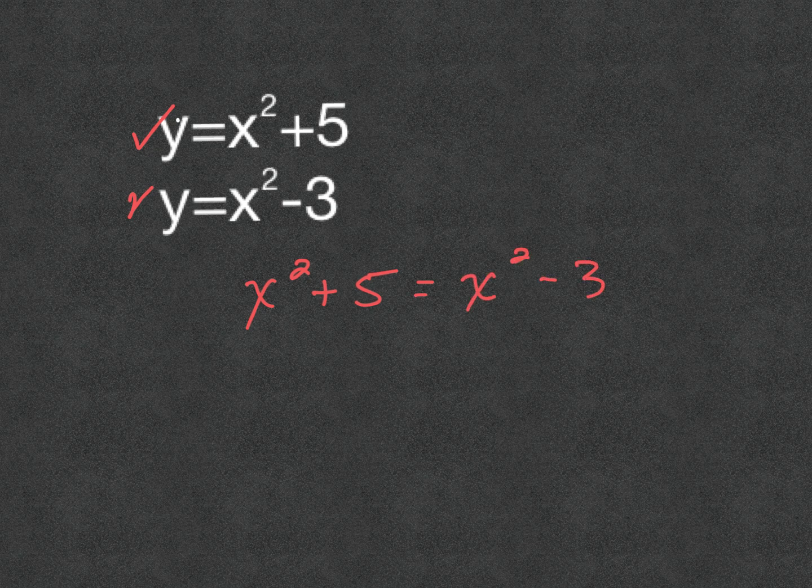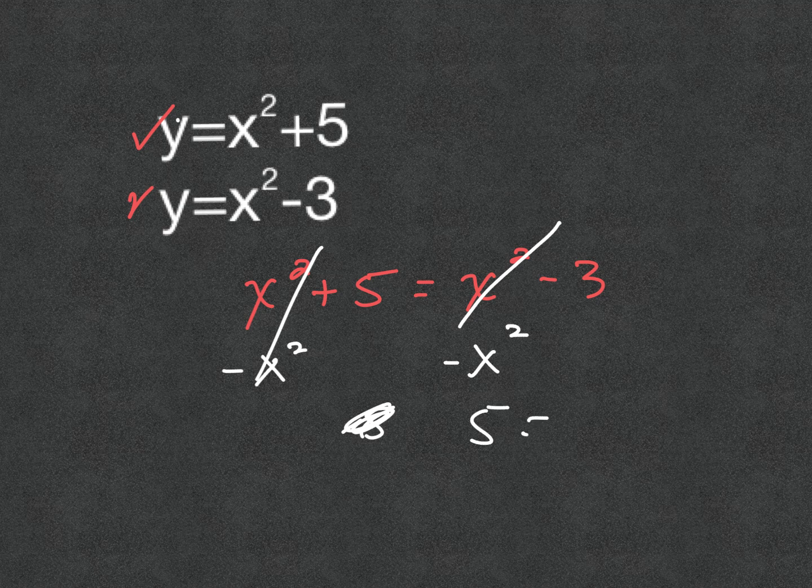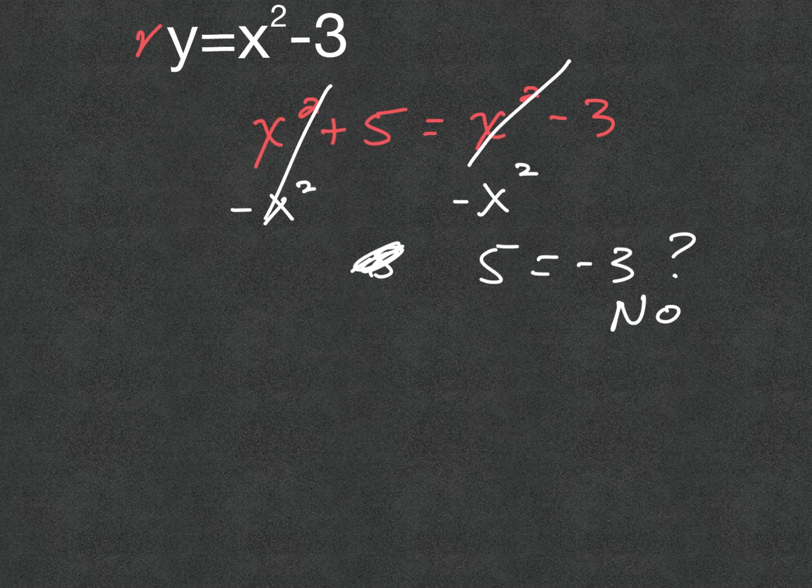To find out where they have the same y. The problem is that, unlike the other problems, when we subtract x squared from both sides like we've been doing, or adding, they cancel on both sides. Is 5 equal to negative 3? No. There's no solution. That could happen.